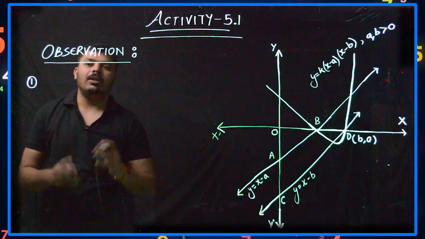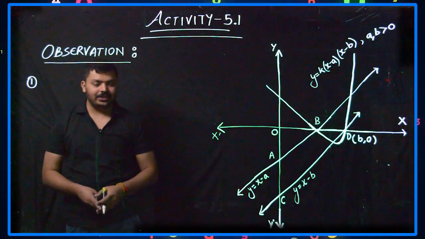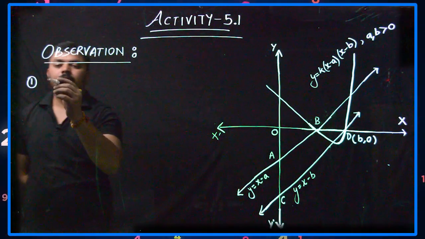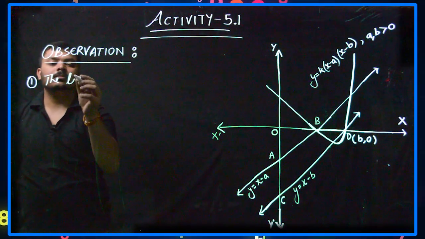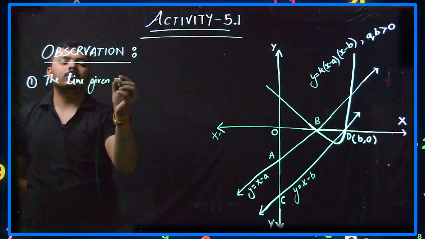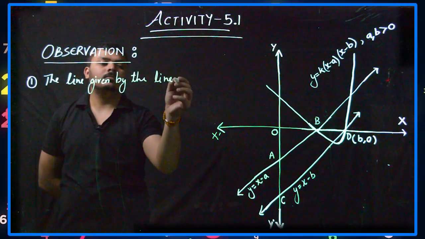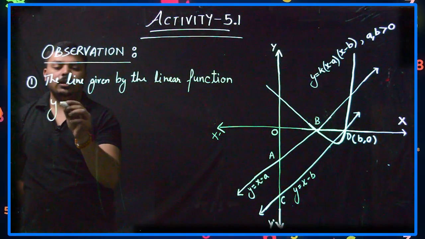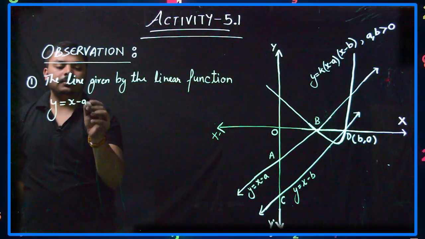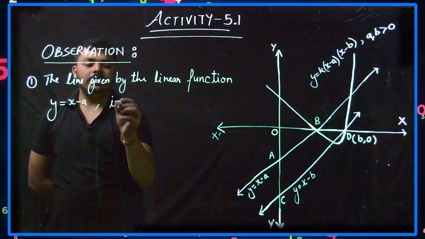So students, now let's see the observation for the given activity. First, the line given by the linear function y equals x minus a intersects the x-axis at point B, whose coordinates are a0.